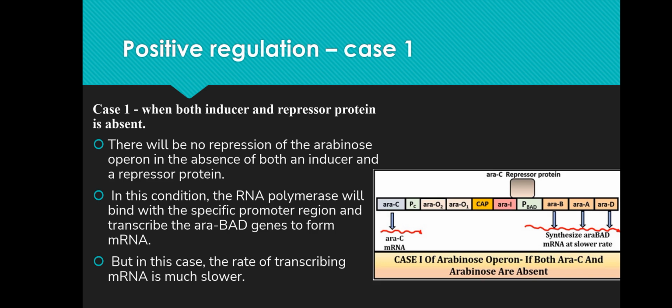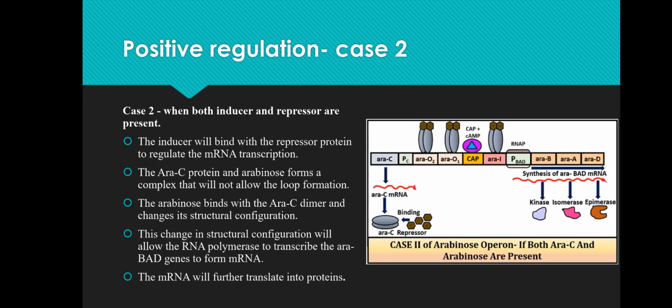In the absence of both inducer and repressor protein, in this condition, the RNA polymerase will bind with the specific promoter region and it synthesizes the RBAD gene to form mRNA. But the transcription rate over here is slower.